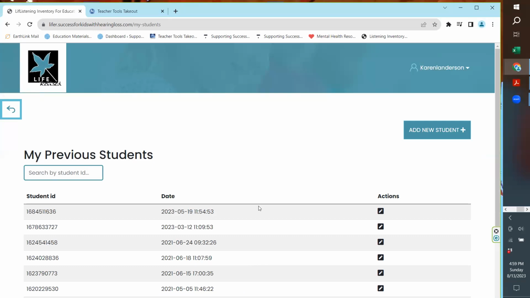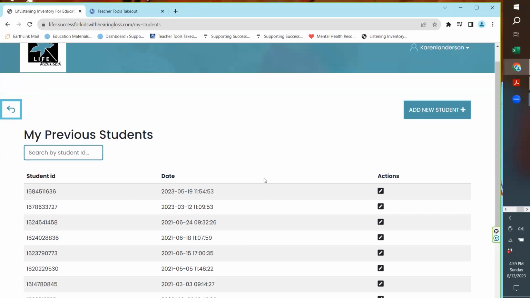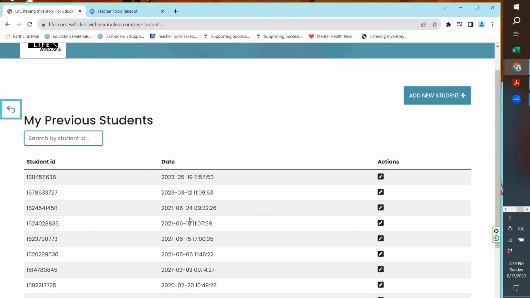But you can see, if you've used the LifeR before, all of your student data is here. We never collect names. So everything's under the student ID, but it also comes with a date, which should help if you didn't write down the ID. So you can go back and generate the data again, print out the information again, but I'm going to show you here.